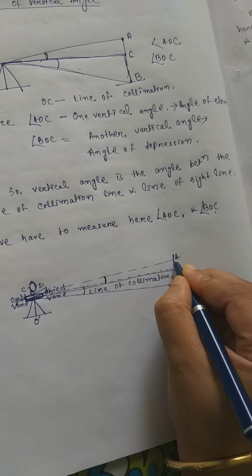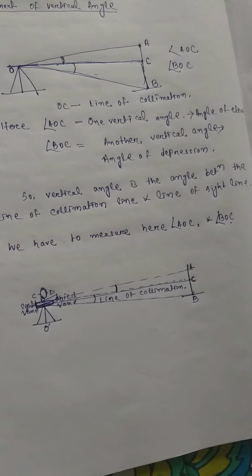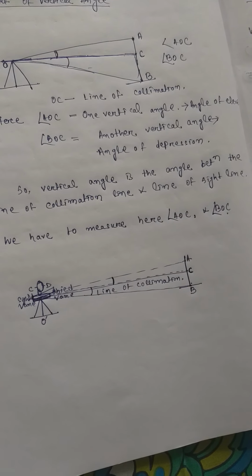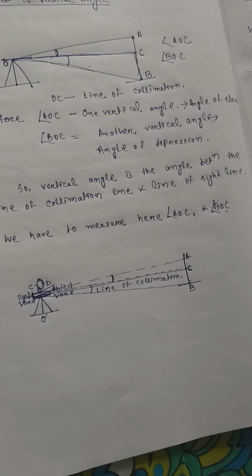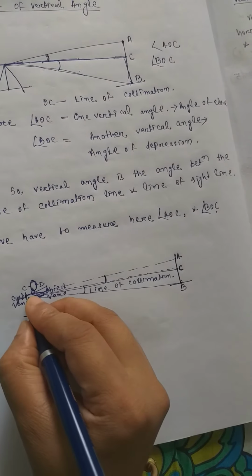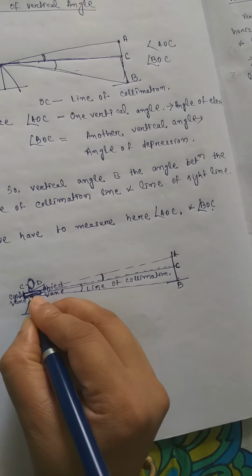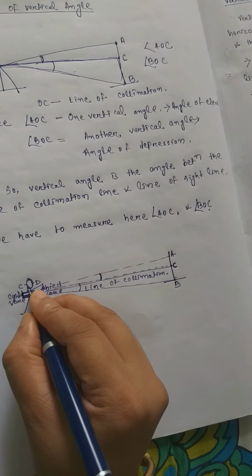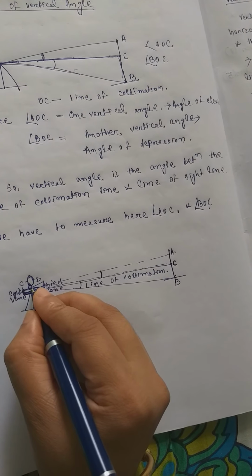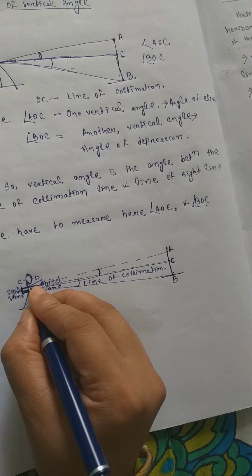The readings on both the verniers, vernier C and vernier D, are noted, and the angle of elevation is recorded. Then the face of the instrument is changed. In the first step, we had the vertical circle on the left side of our observation.